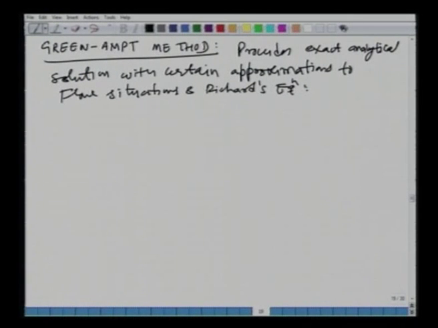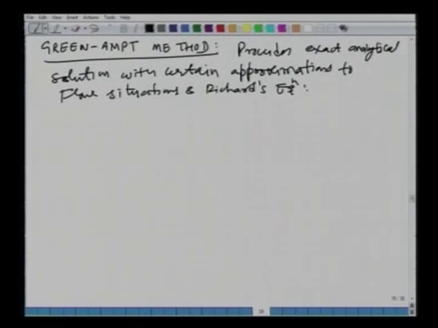So, what we are going to do next is look at the schematic of the soil moisture profile which is used in the Green-Ampt equation to derive the final equations which can be used for calculating the infiltration. I am going to use the board.